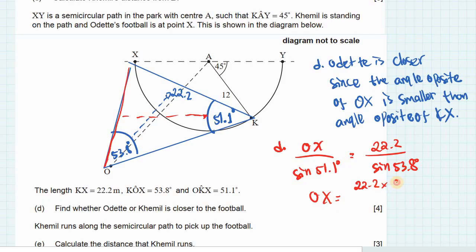So OX is equal to 22.2 times sin 51.1 divided by sin 53.8. Sorry, my handwriting is all over the place.